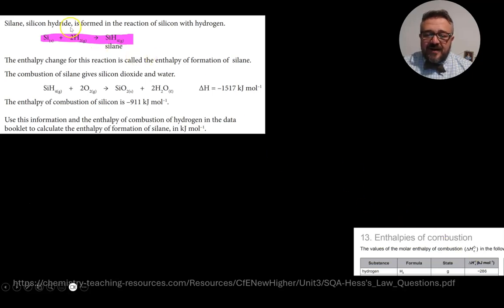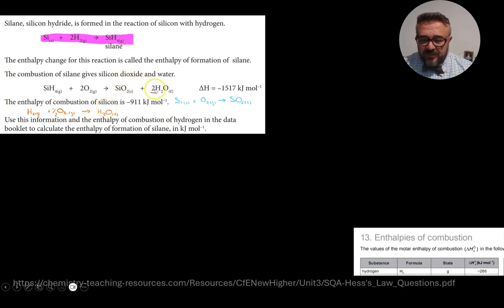So, here's our target equation. The first thing we need to do: enthalpy of combustion of silicon is that, minus 911. There's the equation. That's the direction it needs to be, well, we'll see if that's the right direction in a minute. The enthalpy of combustion of hydrogen, this is the equation right here.